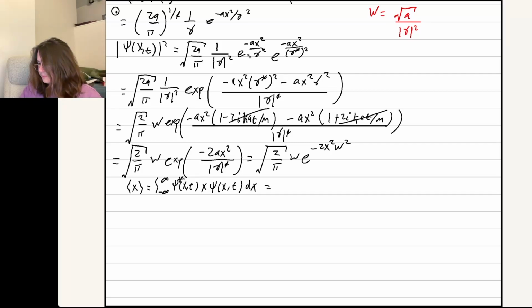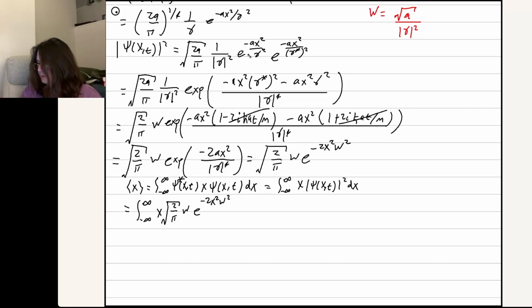But since the wave functions will commute with x, you can just think of this as x times mod squared of psi. So we've got minus infinity to infinity, x times the square root of 2 over pi times w e to the minus 2x squared w squared dx.